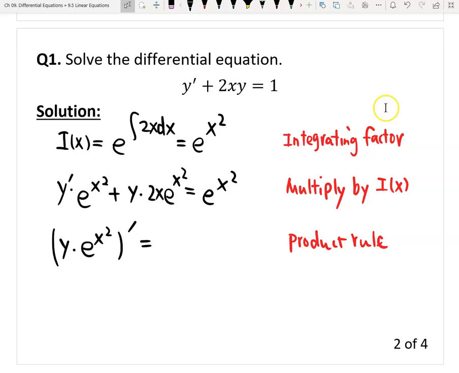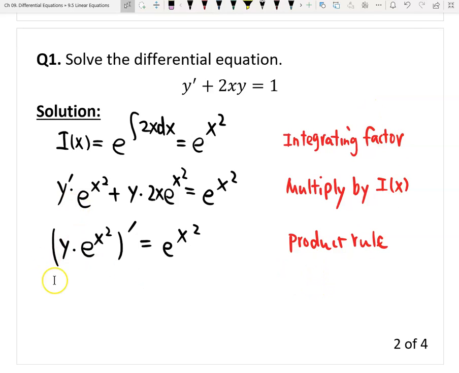You can go verify. This derivative is exactly the left side, and then equals. See, this is the third step. Now much simpler, right? What is the fourth step?